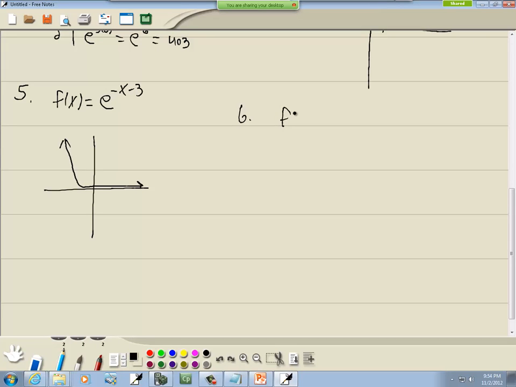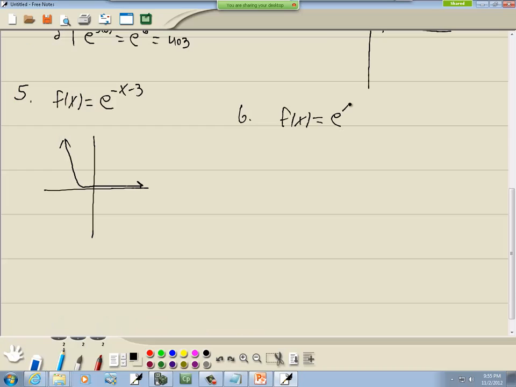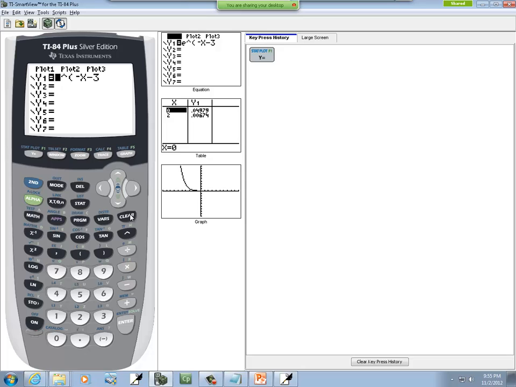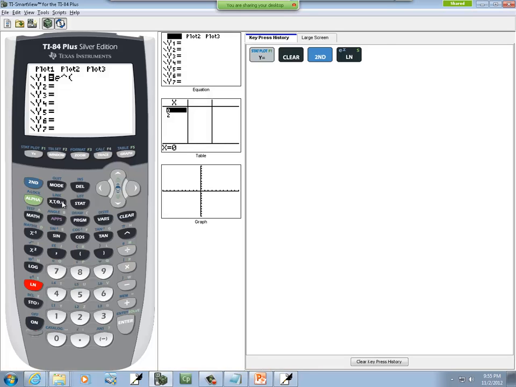Here we've got f of x is equal to e to the x plus 2. So I'll come here, I'll press y equals, press clear. I'll do the e, so I do second ln, natural log. And it puts a caret and a beginning parenthesis. We want to put the x in here.